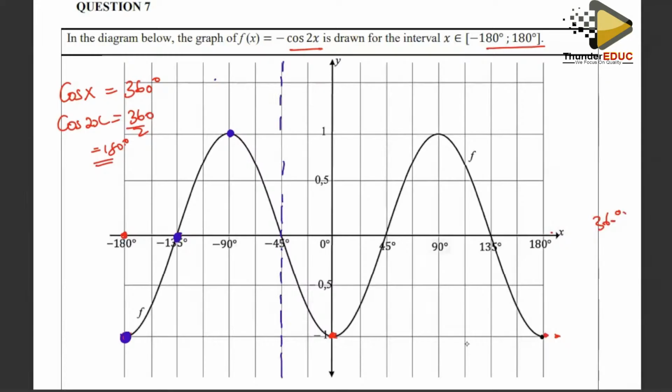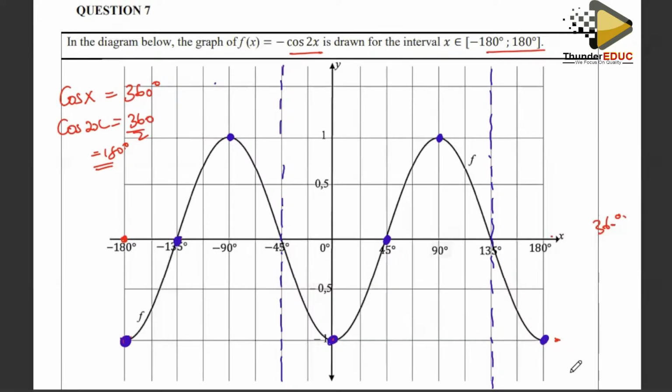Just in case, the asymptote, just like that. Then 0 is -1. And then 45 is a 0. And then 90 is a 1. And then 135 is an error, which is an asymptote as well. Then lastly, 180 is a -1.